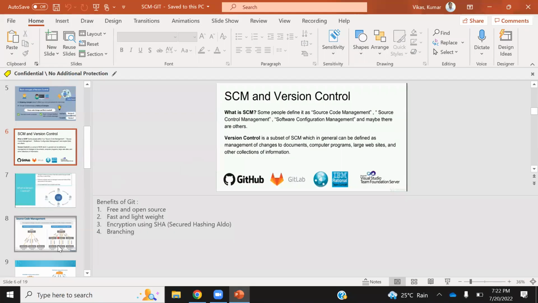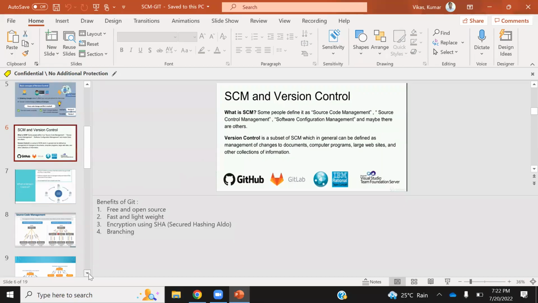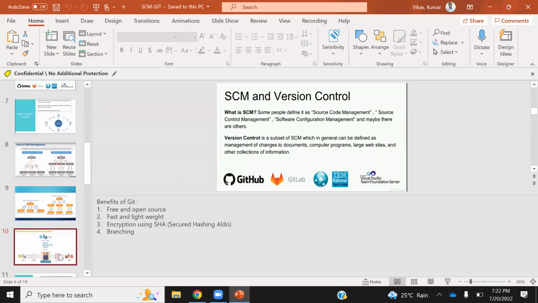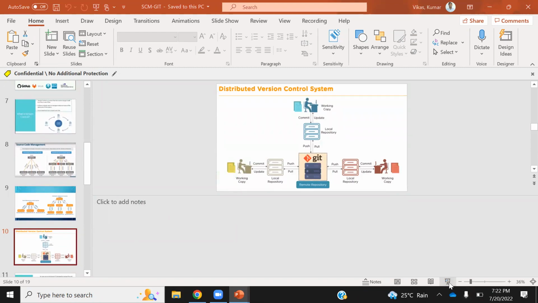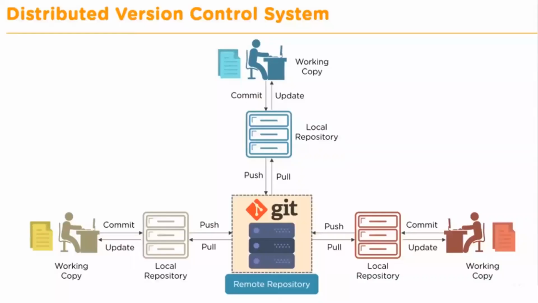When you talk about Git, this is precisely how Git works. As I told you in DVCS, every developer has their own version of code. So here also, we will do the same thing. We see this is developer one.